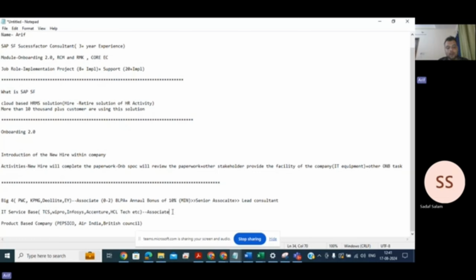This company will give you a package of at least 5 LPA, which includes your variable pay. As compared to the big four, this company will not give you that much salary, but still you can grow in this company once you get a chance.